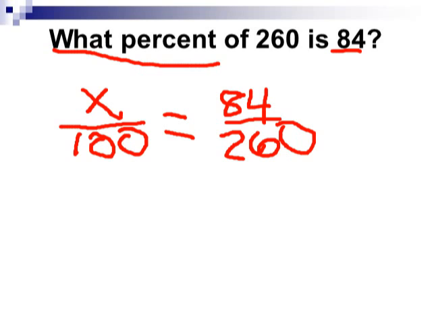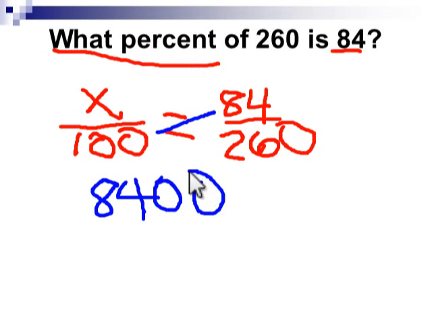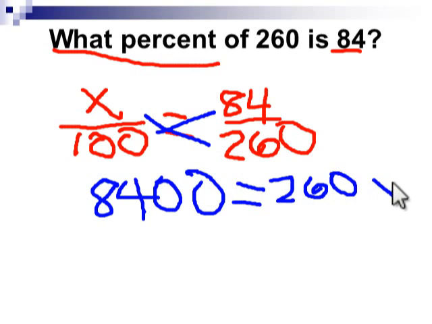So there's my ratio, there's my proportion. Okay, so now I have to cross multiply. So I'm going to multiply 100 times 84. And again, all I have to do is add the 2 zeros. So this time the multiplying is very easy again. And that equals the other cross product, which is 260x. And then, since you can't multiply 260 times x, we have to divide by 260.